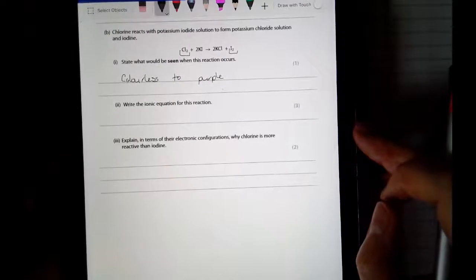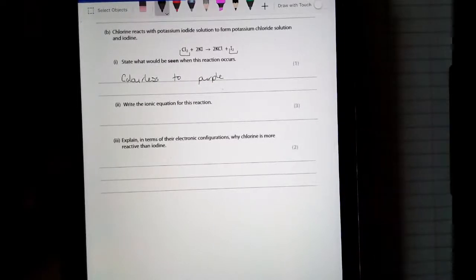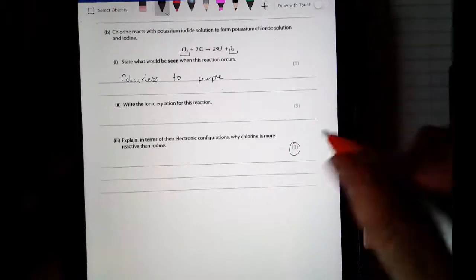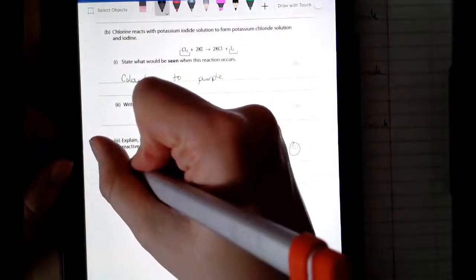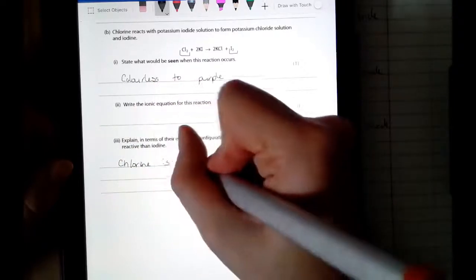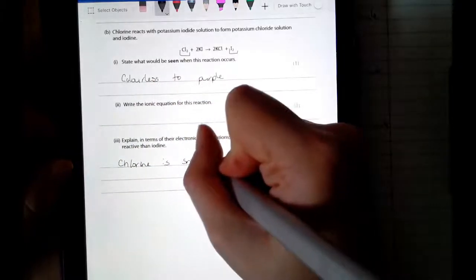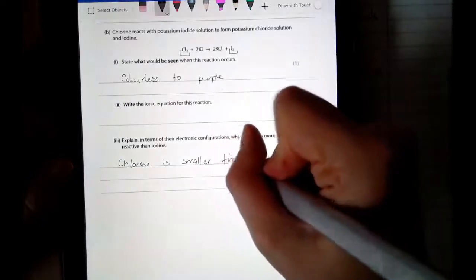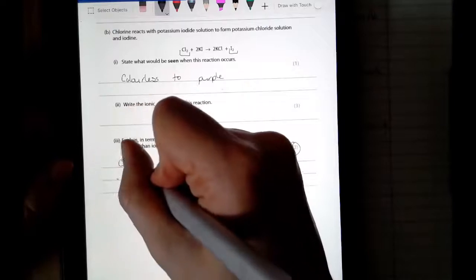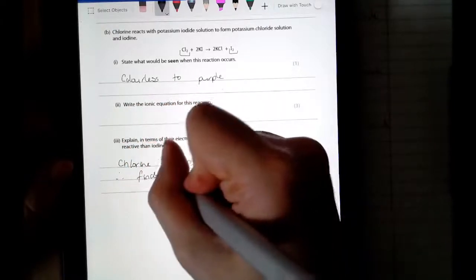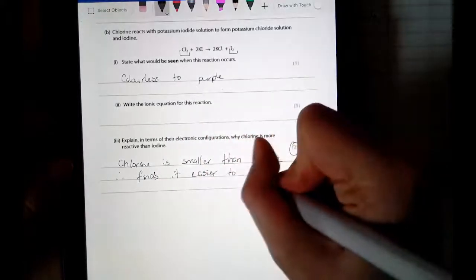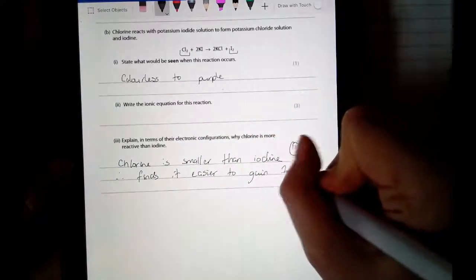Explain in terms of electron configuration why chlorine is more reactive than iodine. This is only for 2 marks. Because it's only for 2 marks, you're just going to say chlorine is smaller, or you could say chlorine has fewer electron shells than iodine, therefore finds it easier to gain 1 electron.